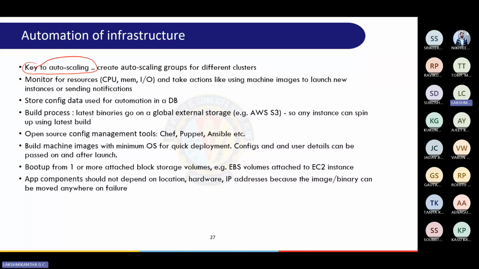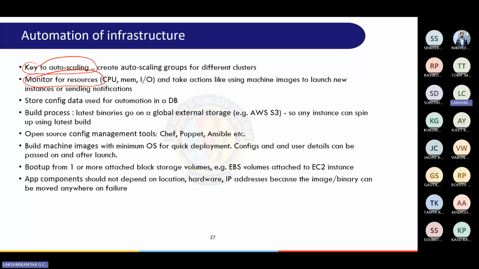You create auto scaling groups for different clusters. That's all. The next one is monitoring resources. You monitor resources like CPU, memory, and input/output. If the CPU of your cluster is consistently high, the monitoring service triggers an action to launch a new instance using standardized machine images.